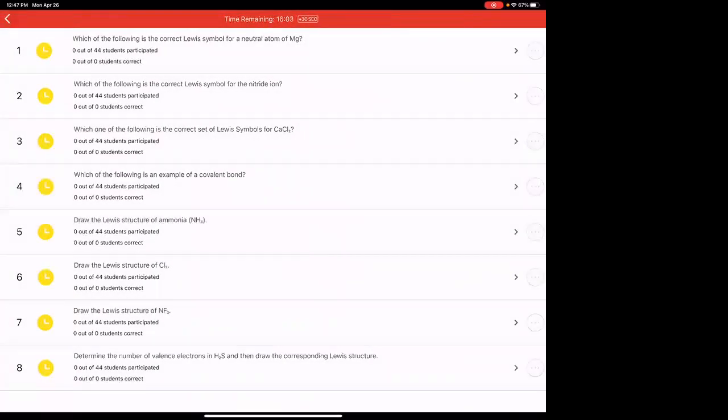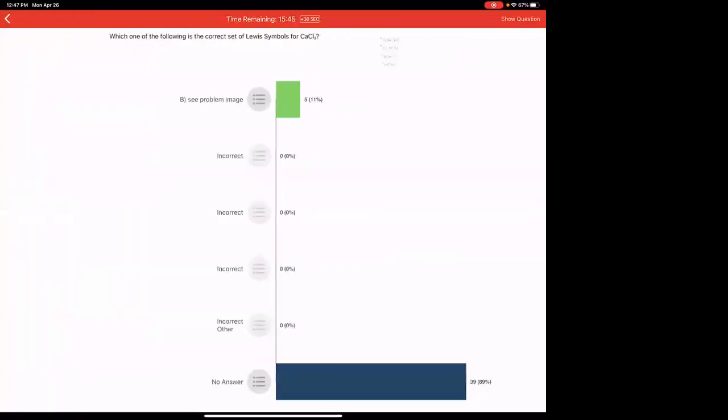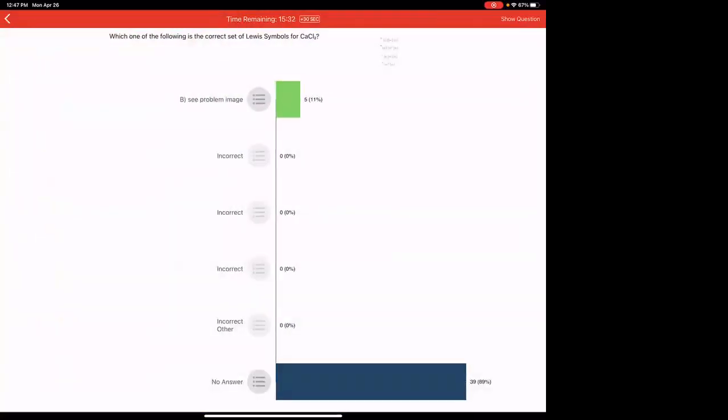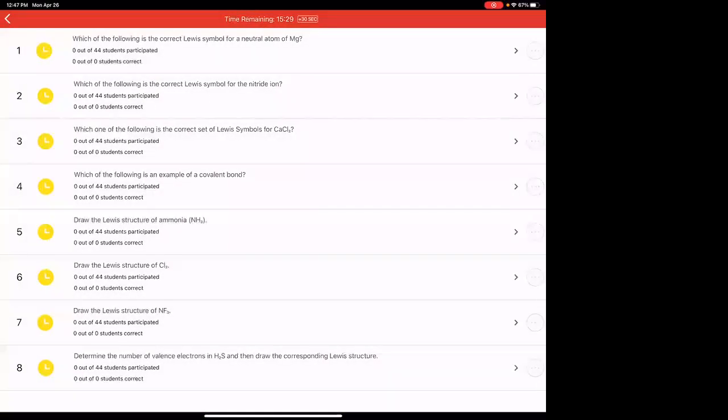Remember, that is N3 minus, guys. That's the nitride ion. Number 3 is an ionic one. That's good. Yep, looks like B is the right answer there.